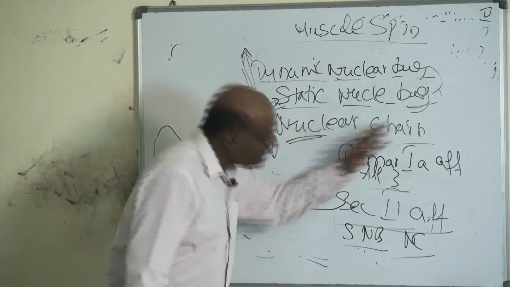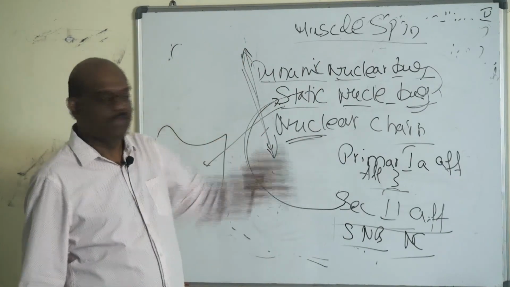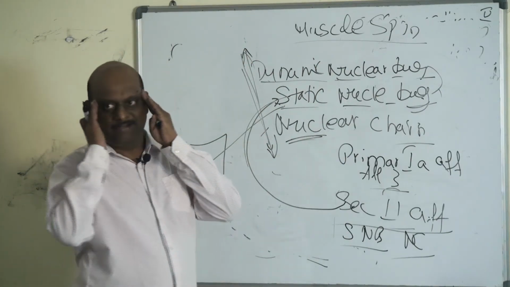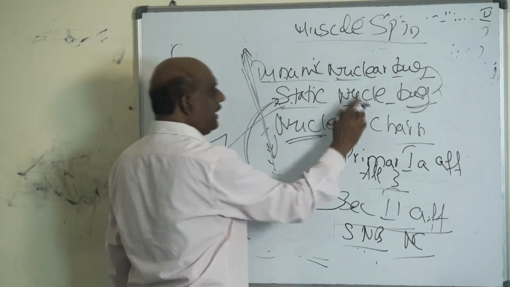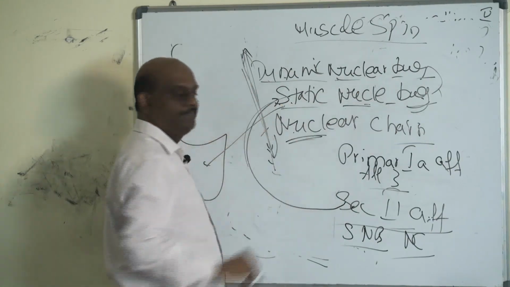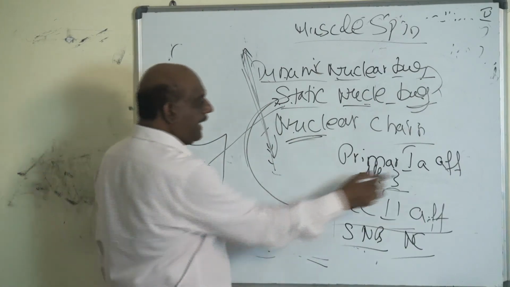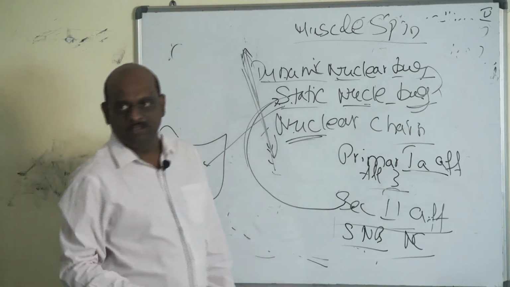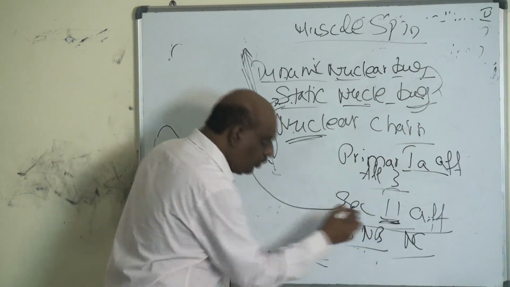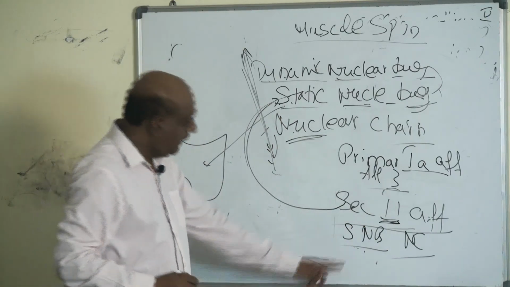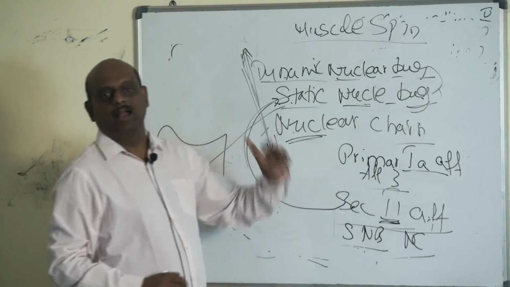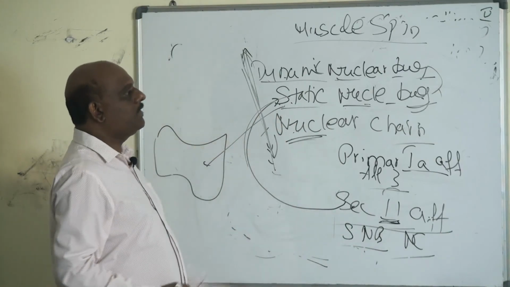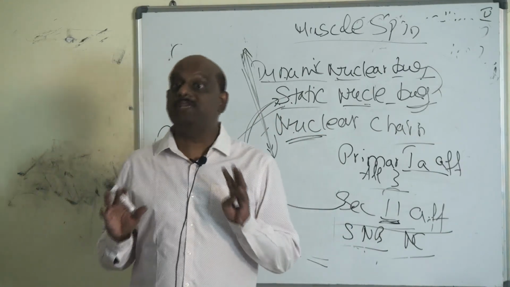This is the same question repeatedly asked. First you should have a mental picture. What are the three types of fibers? Dynamic nuclear bag, static nuclear bag, nuclear chain. Primary 1A afferent, all the three. Secondary 2 afferent, it is the static nuclear bag and nuclear chain are the ones which are supplied, is what you need to remember. So this is the story of sensory innervation.